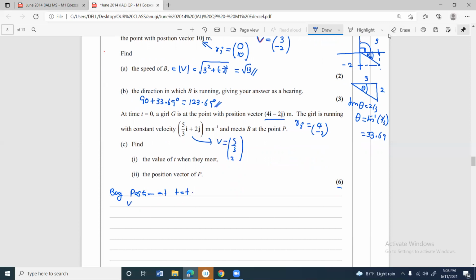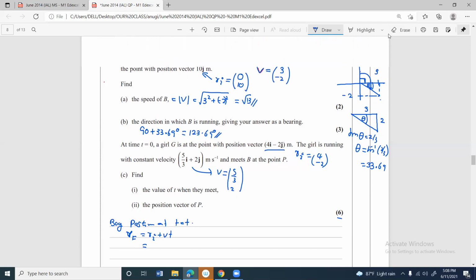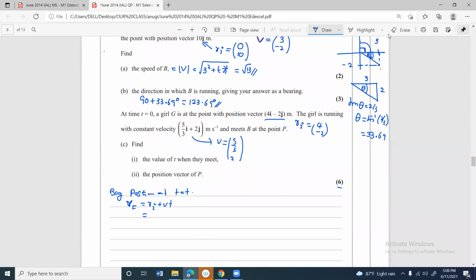For that, we can apply: final position equals initial position plus velocity times time. For the boy, the initial position is 0, 10, and the velocity vector is 3, minus 2, times time t. It equals r_f.